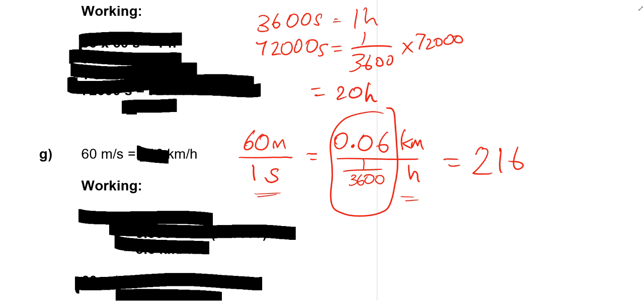Anybody got any other answers for your calculator? You can look over at your partner's calculator. Do they show you 216? Okay, then I trust that you know how to use it. So yes, the answer is 216 kilometers per hour.